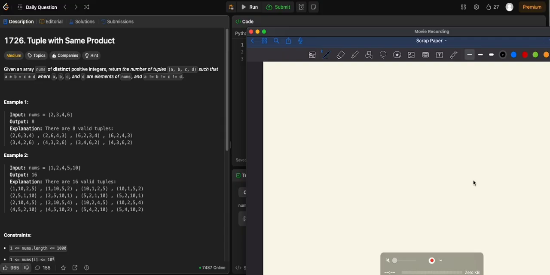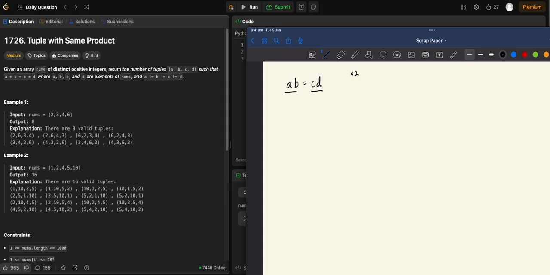So let's see why it is tied to 8. Let's have AB equals CD here. The first possibility is that we can swap left hand side and right hand side. So that would create twice as many possible tuples, so multiply by 2.